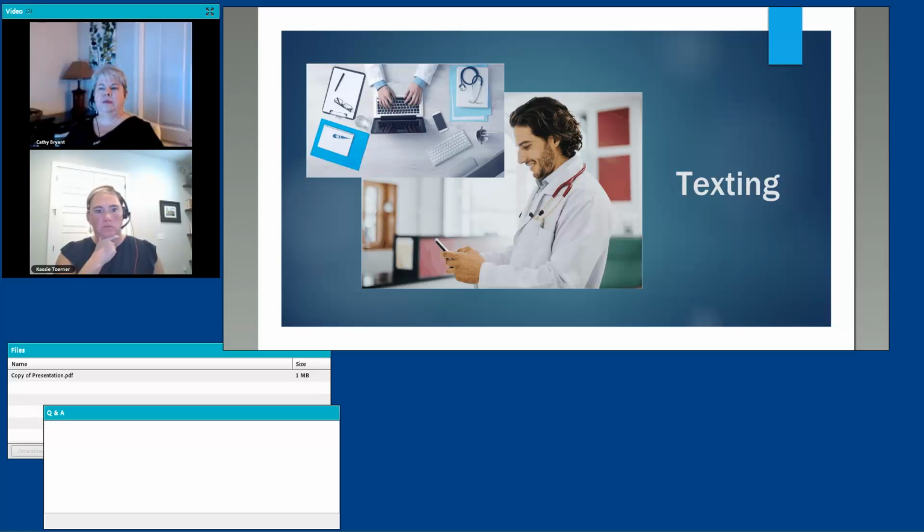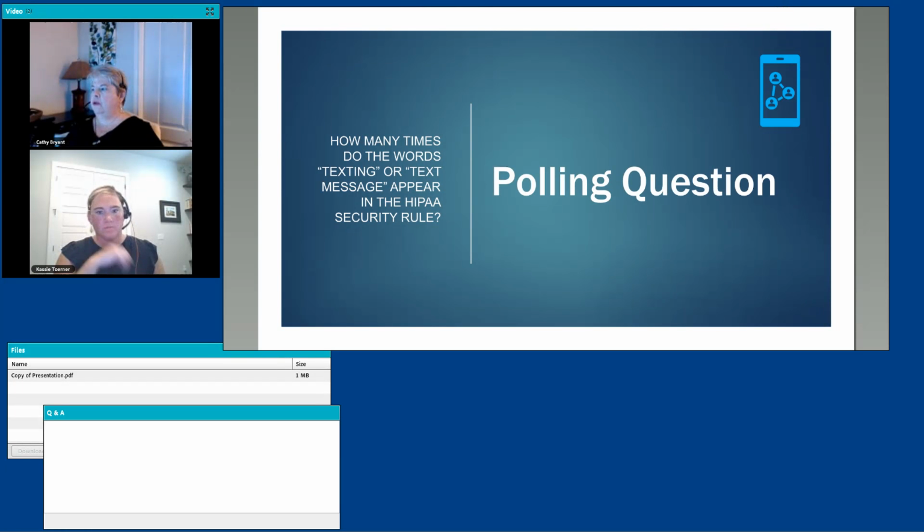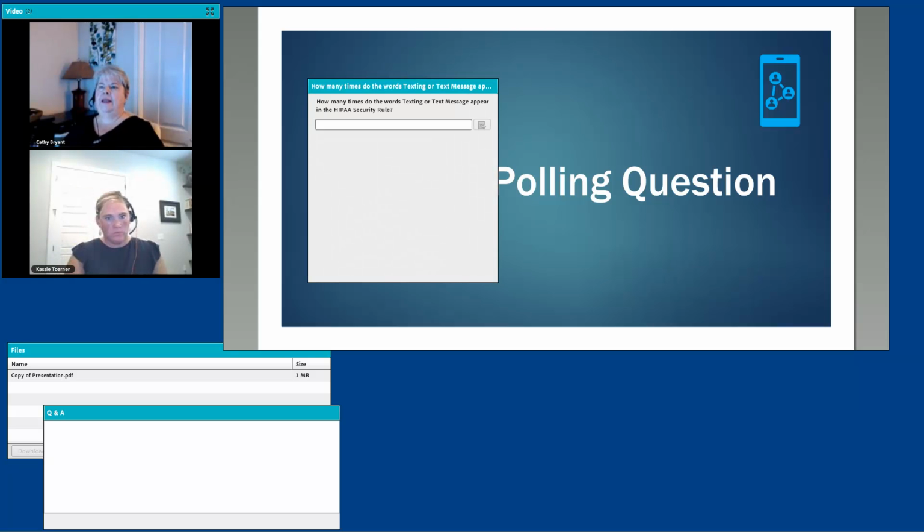So we're going to talk a little bit about texting and HIPAA at this point. We have another quick poll that we'd like you to answer, and this is just a fill in the blank in your answer spot. How many times do the words texting or text message appear in the HIPAA security rule? You can just type in your response very quickly.